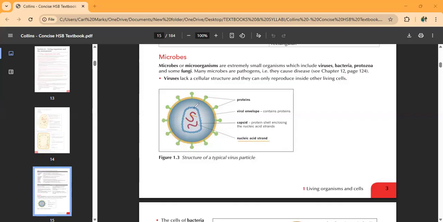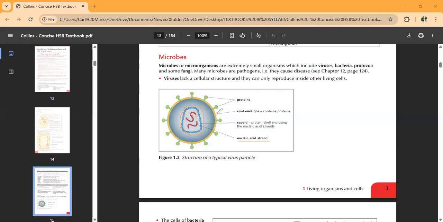Then we have a little blue structure here bordering these guys. This is our capsid, which is basically a protein shell that encloses the nucleic acid strands. They're surrounded, the nucleic acid strands.